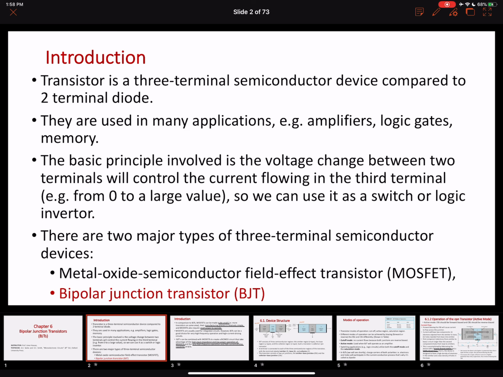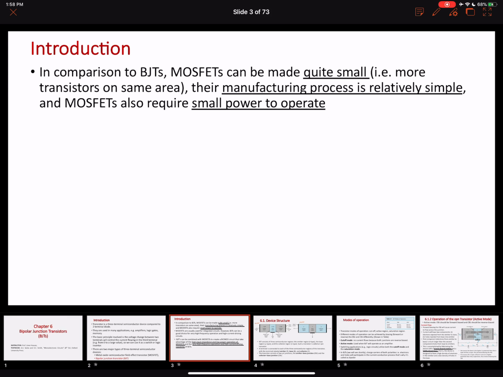We have two major types of semiconductor devices or transistors. We already talked about MOSFETs, and now we are starting to talk about bipolar junction transistors. Again, a very quick comparison between both of these in terms of their applications. We already discussed that for the MOSFETs. MOSFETs are more widely used in the microprocessor industry because they are very small.